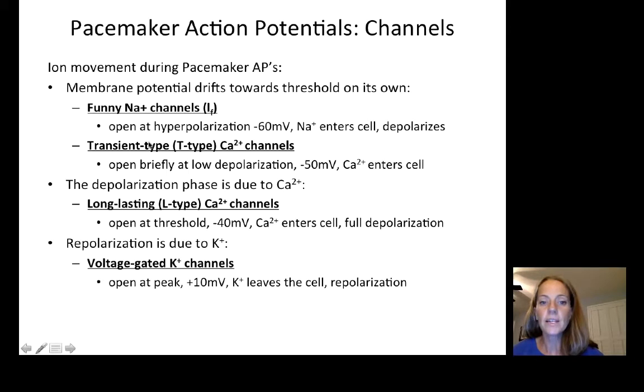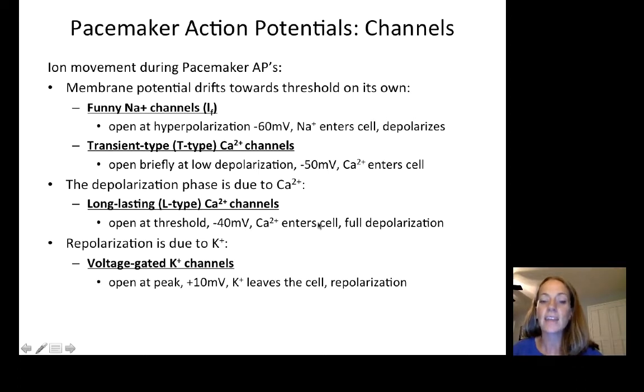From there, you will have transient or T-type calcium channels. This is a big difference between neurons and intrinsic conduction system cells. The depolarization at minus 50 is due to calcium. And then you're going to have long-lasting or L-type calcium channels that are going to open at minus 40.